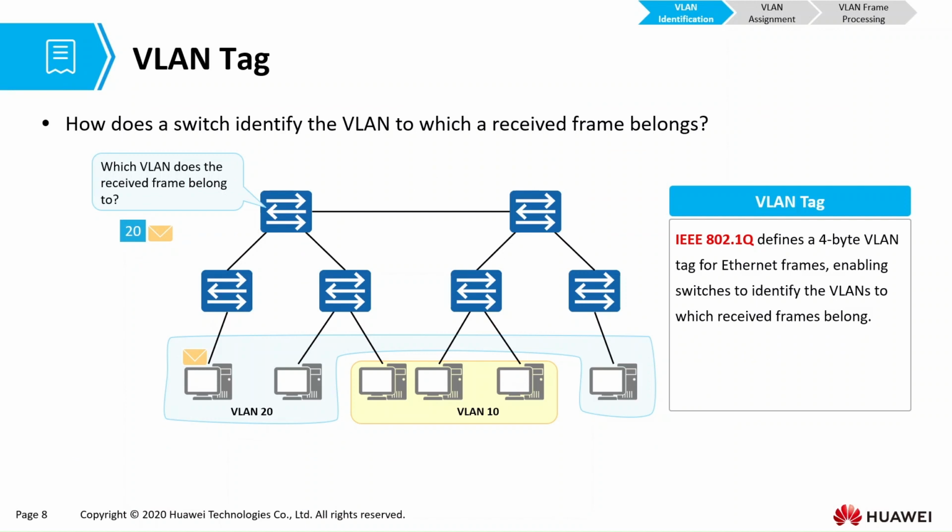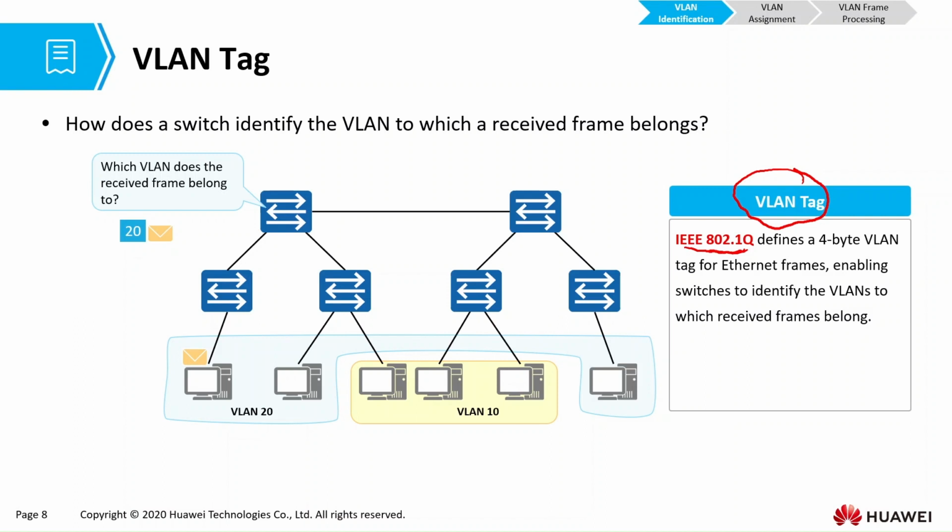How does a switch identify the VLAN to which a received frame belongs? We are using tagging, and under the tagging, we call that a VLAN tag. Remember, the VLAN tag is standardized under IEEE 802.1Q, or normally we also call it VLAN tag, or 1Q.